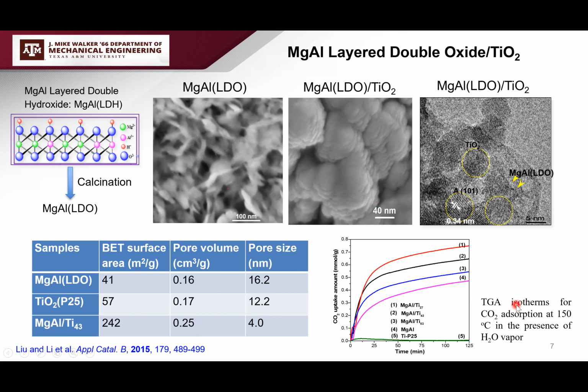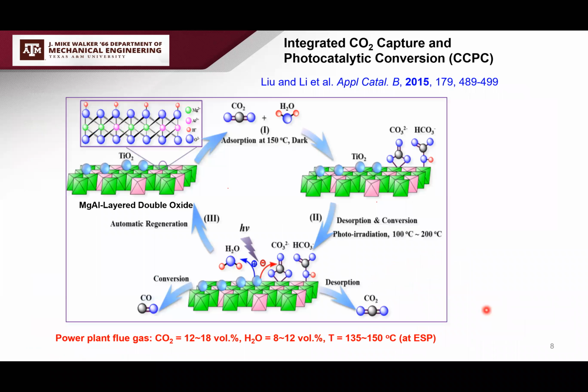And here the TGA adsorption isotherm tells us the hybrid material also has a much higher CO2 uptake capacity than the individual components. You can clearly see the synergy in adsorption.